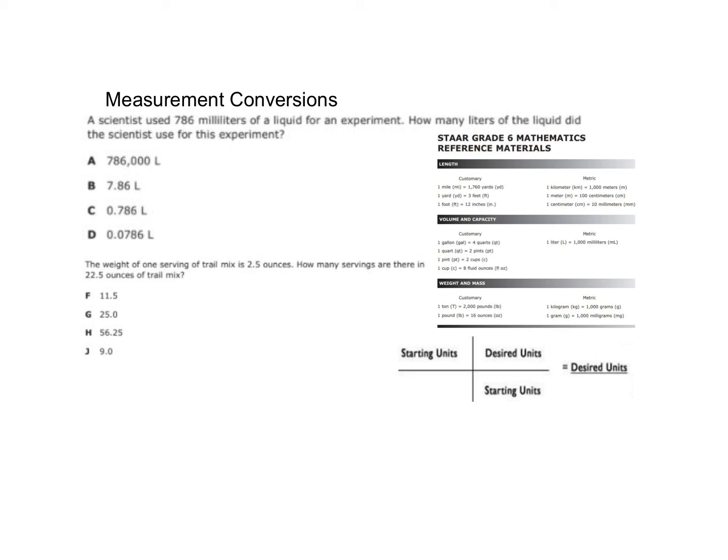So here if you have 786 milliliters, and you're trying to go to liters, so I know it's 1,000 milliliters.